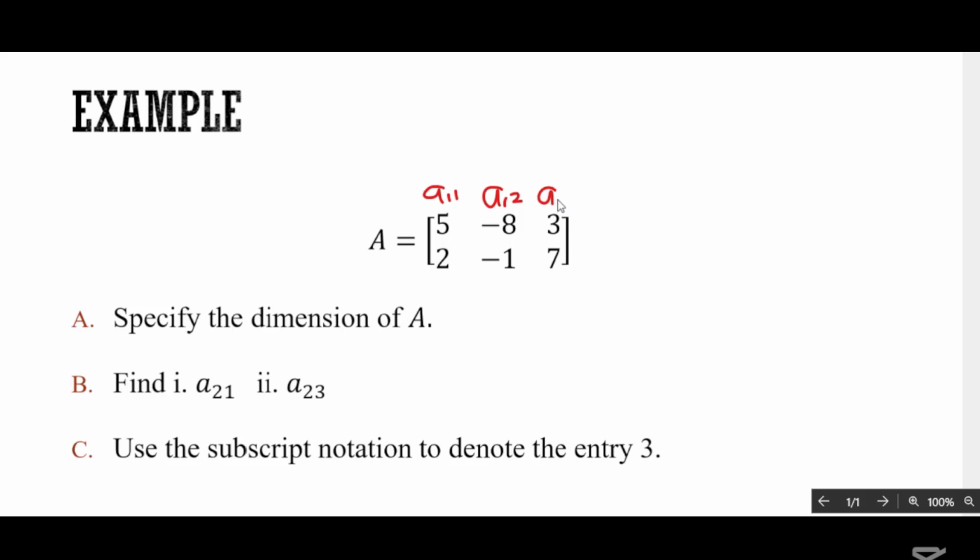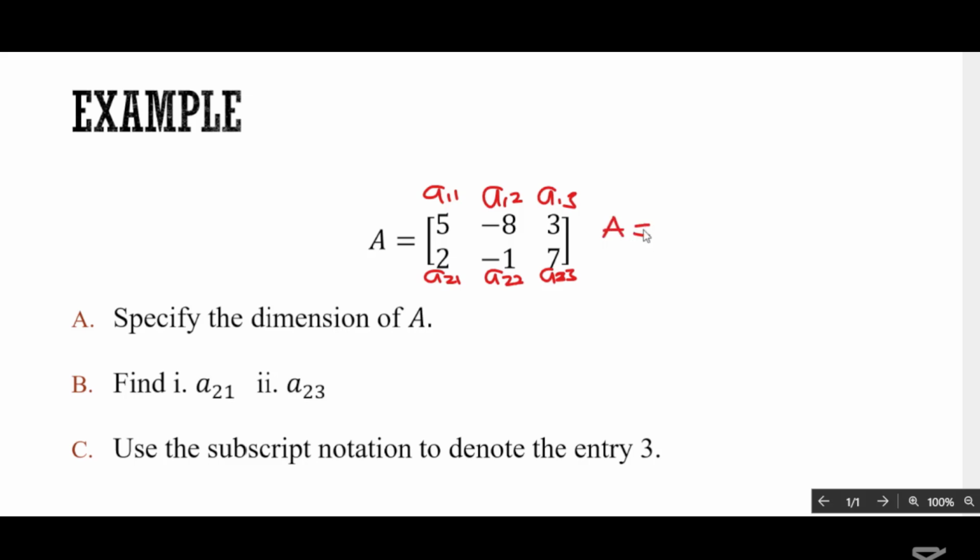Great. Then in the second row we have A21, A22, A23. Now we are saying that we should specify the dimension of A.